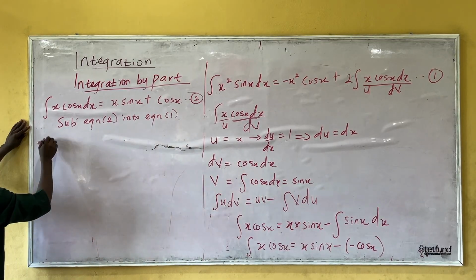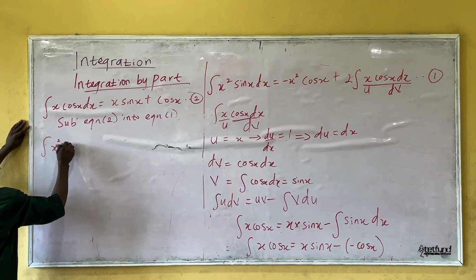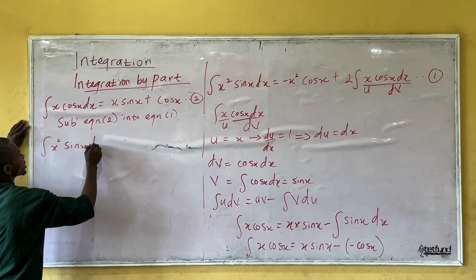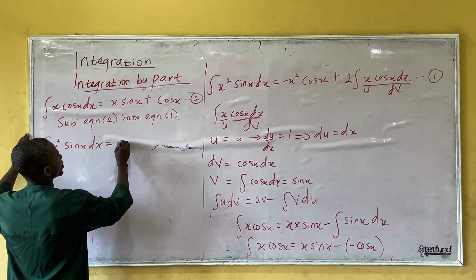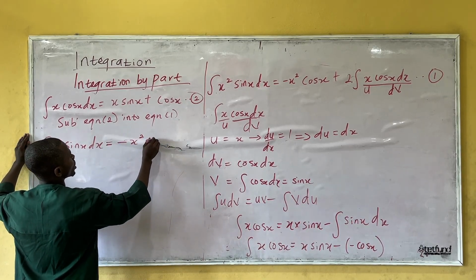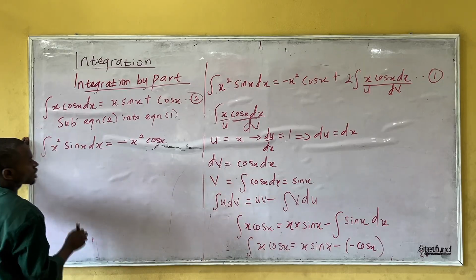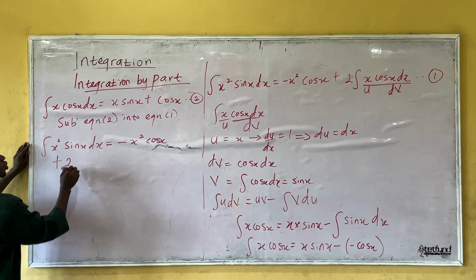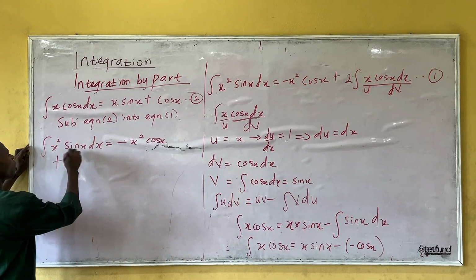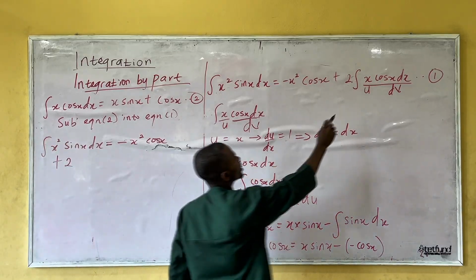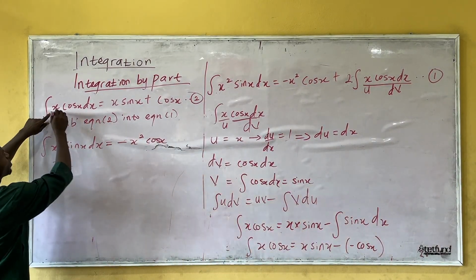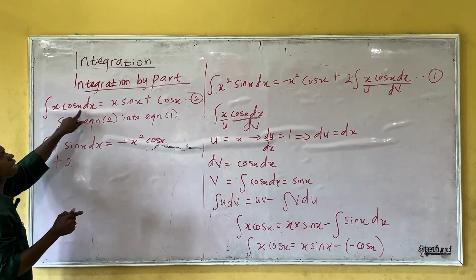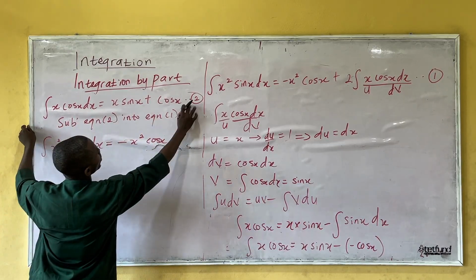It will now be the integral of x squared sin x dx is equal to minus x squared cos x, now plus 2 integral of, but the integral of x cos x dx is what I've gotten in equation 2.